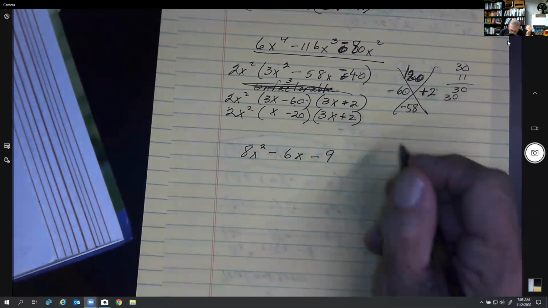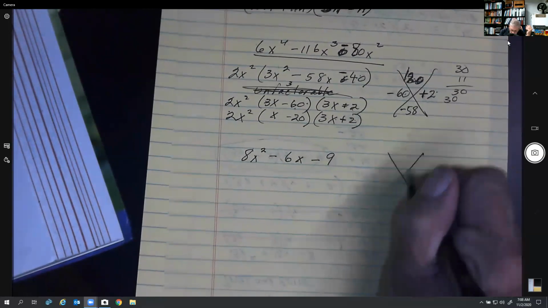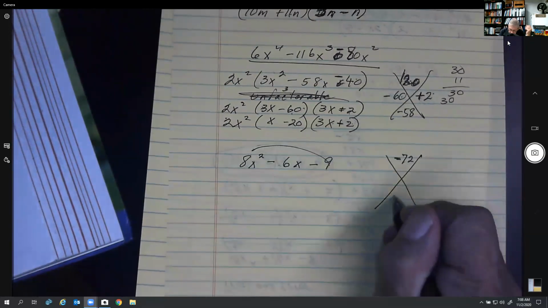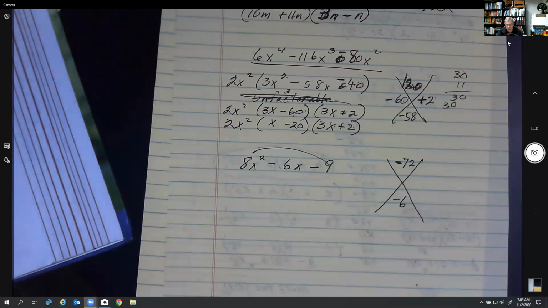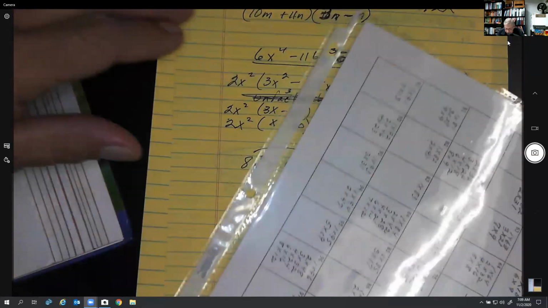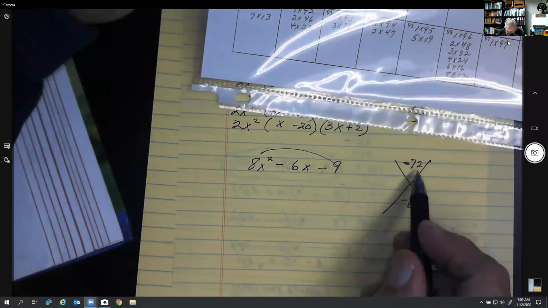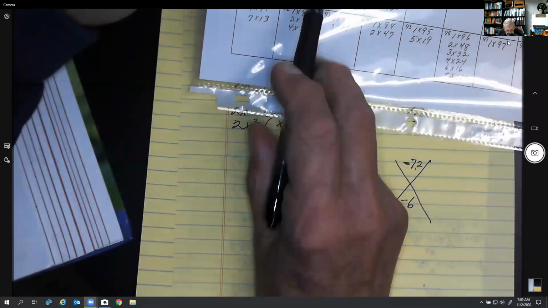No. All right. Multiply these two. Negative 72. Include the sign. Negative 6. Two factors that multiply to give you 72. Lots of factors. But they're going to subtract to give you 6.